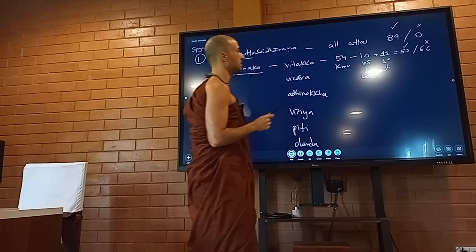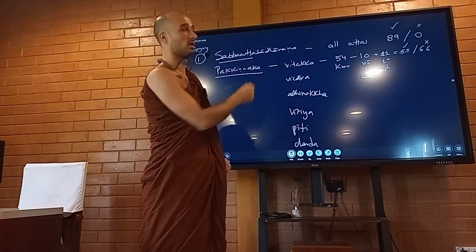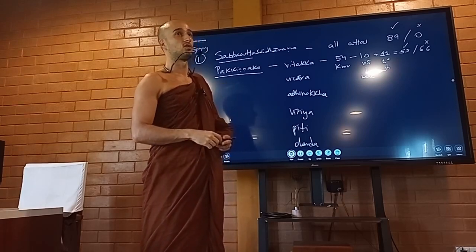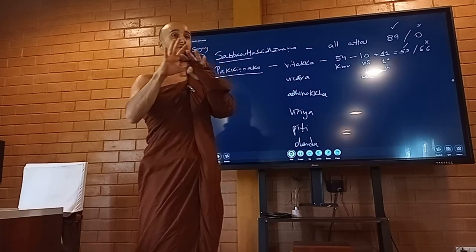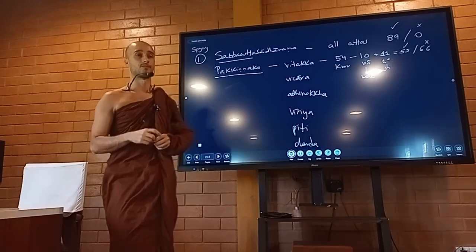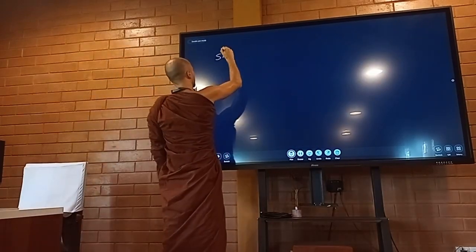Why do I put 66 and I don't put 33, 34? Because vitakka is a jhana factor. So when you have a jhana factor, then you have to separate the lokuttara cittas. So there are these two methods.